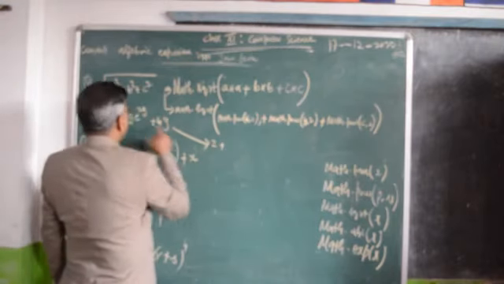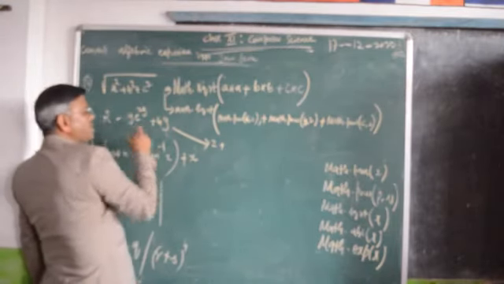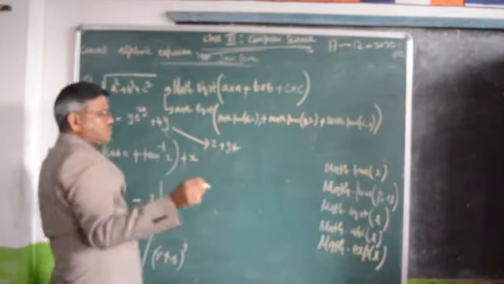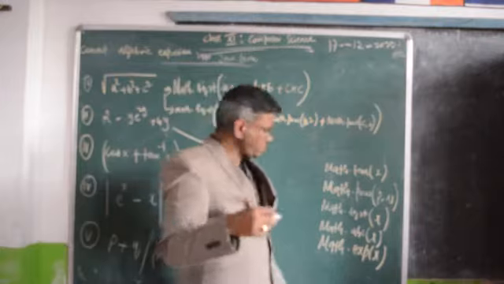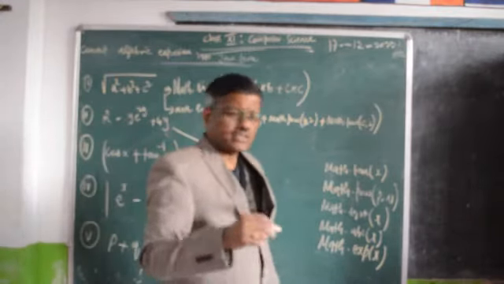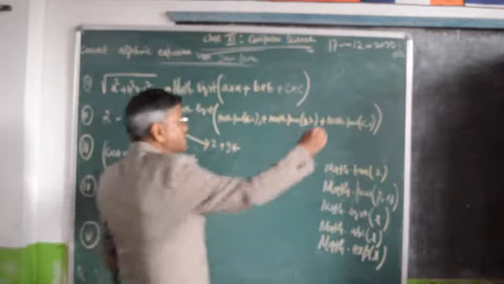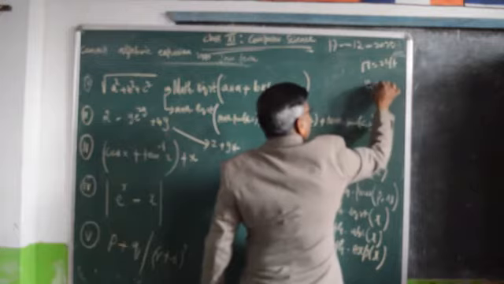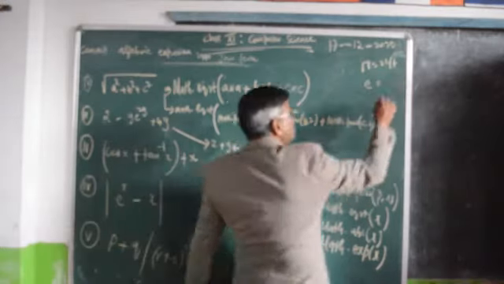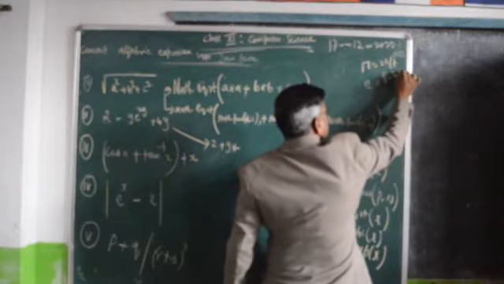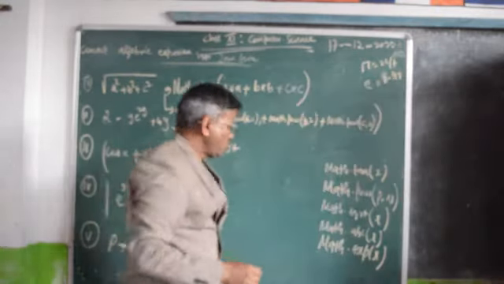2 plus y into e. Just now I told you, wherever you come across e raised to the power, e has a fixed value, like pi has a fixed value, 22 by 7. Like lowercase e has a fixed value, 2.718.